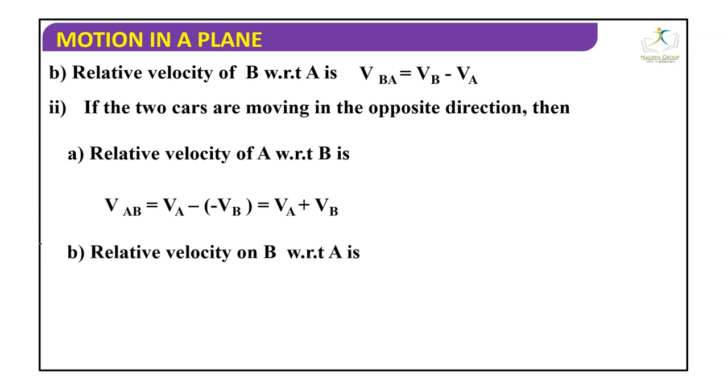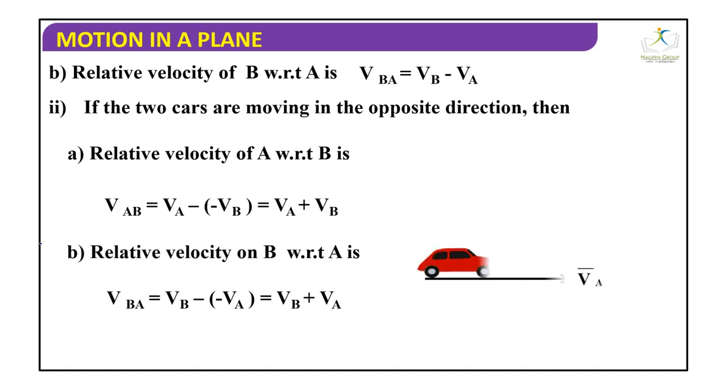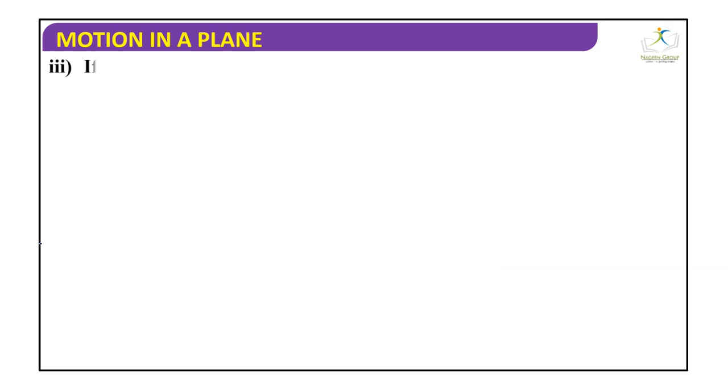The relative velocity of B with respect to A is VBA, which equals VB minus of minus VA, which gives VB plus VA. As you can see by this diagram, the directions are opposite, for which we have taken the opposite direction of velocity with respect to each other.